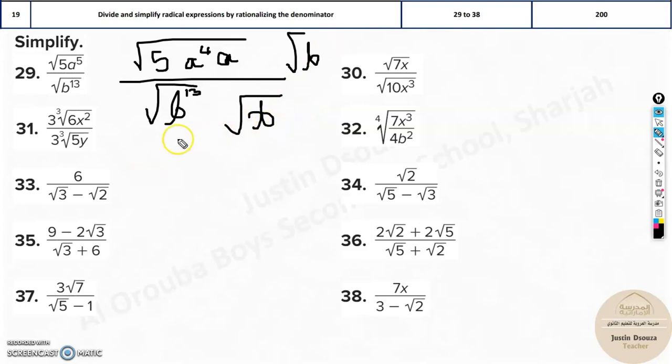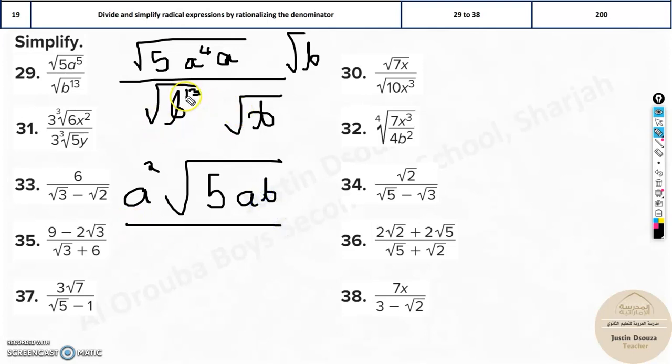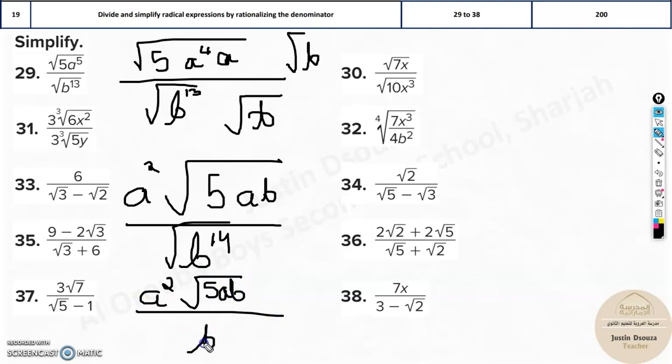Why do we do this? So now when it goes inside the square root, I'll take this a to the power 4 out, it will be a squared. 5 remains, ab divided by, now b to the power 13 plus 1, it will be b to the power 14 square root. This can be simplified: the numerator is already done, only the denominator will become b to the power 7. This is why it is now rationalized in the denominator.